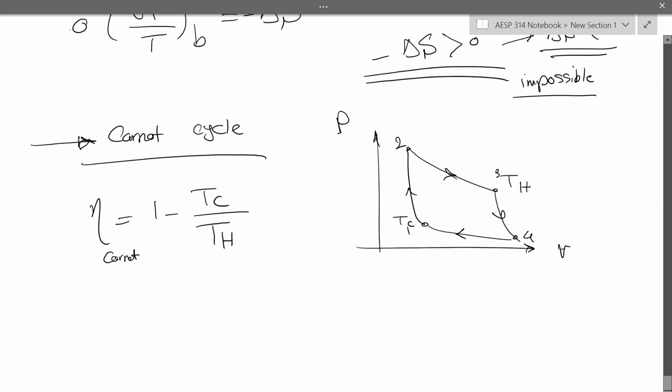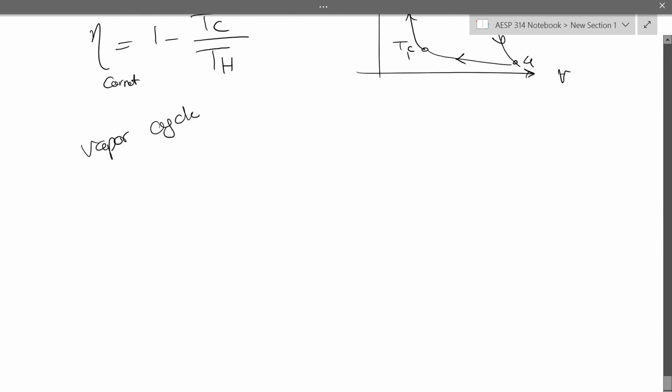But this is for a gas power cycle, like an ICE engine or a jet engine. But for the vapor cycle, we will talk about this in the next lecture a little more. For the Rankine vapor cycle, your PV is going to be looking like this.